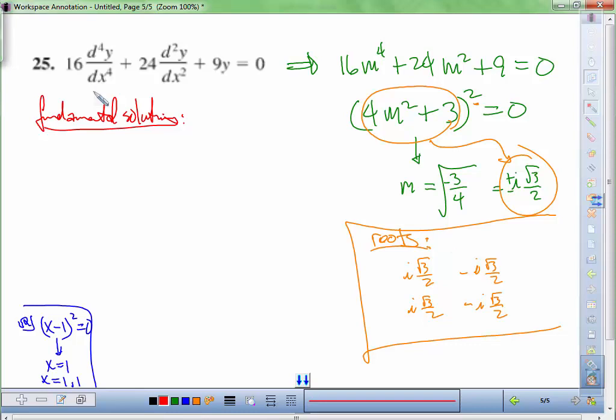So your solution will be e to the, what's the real part of this root? 0. So e to the 0 power, so we don't count e to the 0, right? So it'll just be cosine root 3 over 2 x and sine root 3 over 2 x.